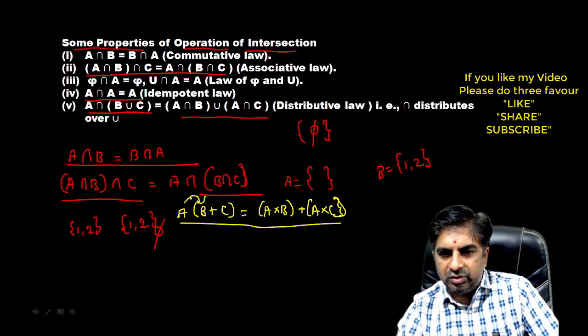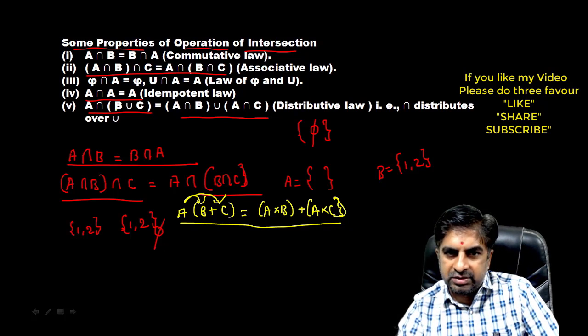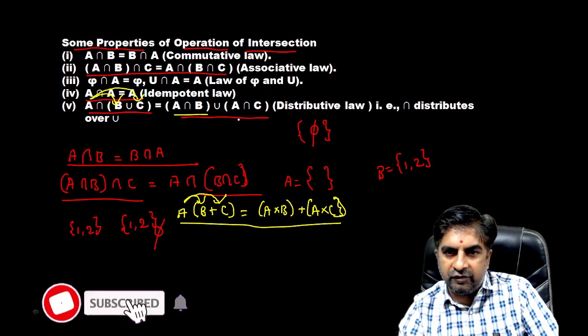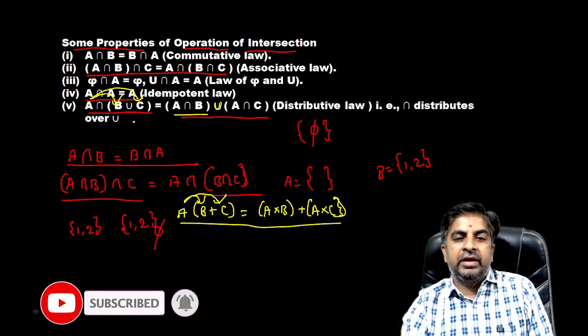A we have distributed to B also and C also. Same way here, you can see A intersection B union C. If you multiply this, means do intersection of A and B and then intersection of A and C, and if you do union of both of that, then also you will get the same answer.